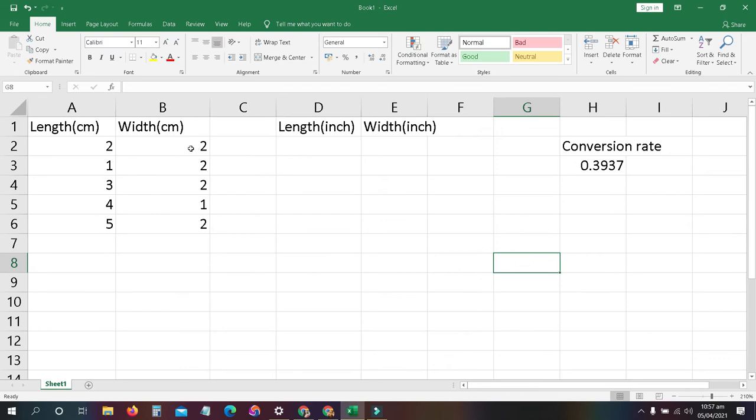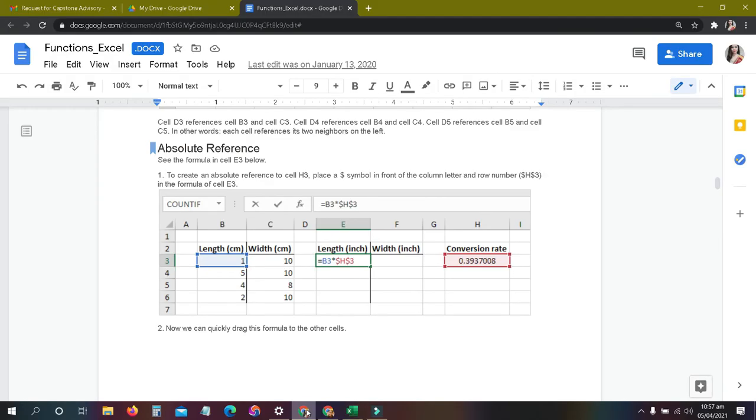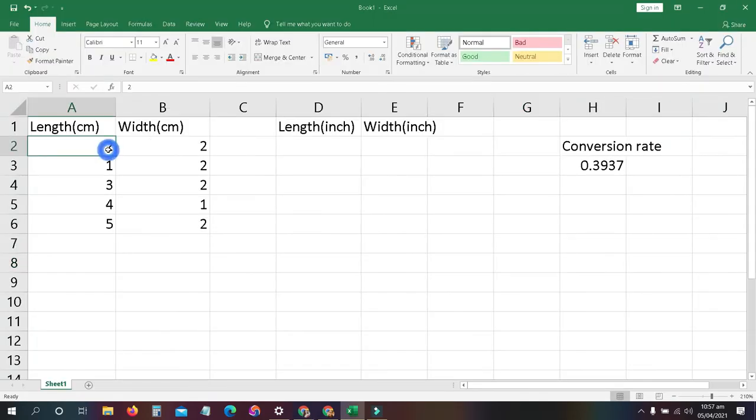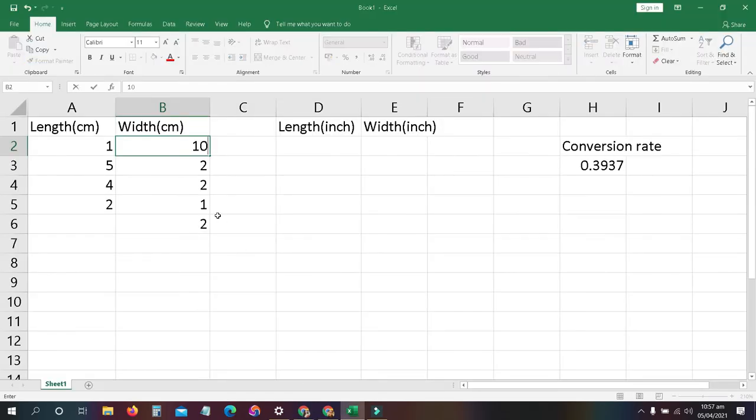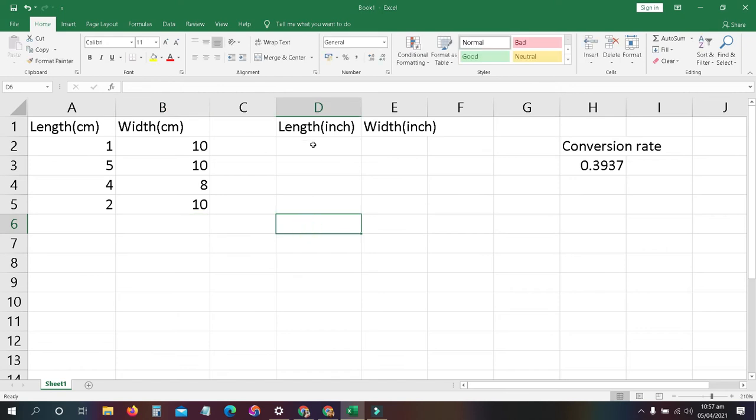Okay, so again we will just copy this one, 1542, and in this column then, in the formula, the way to convert the length from centimeter to inch is by using this conversion.